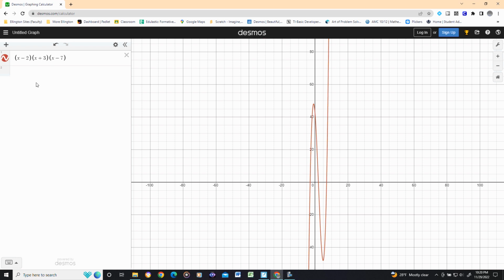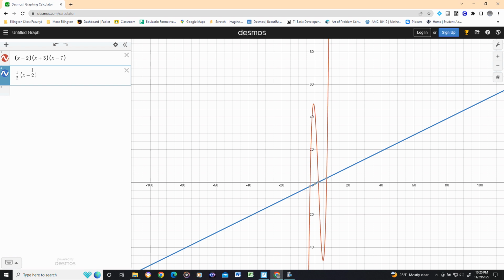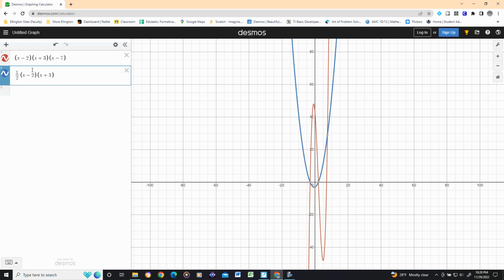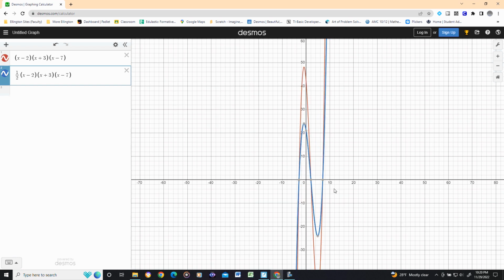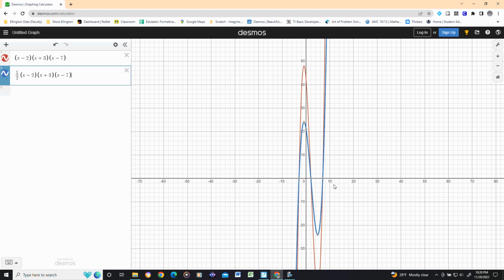Very narrowish, right? Now I'm going to use the same thing, but this time I'm going to put a 1/2 in front of it: 1/2 times x minus 2, x plus 3, x minus 7. How are they similar?